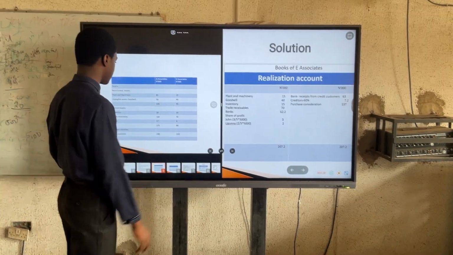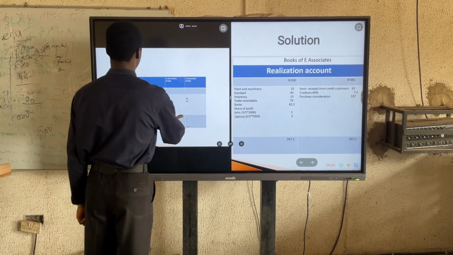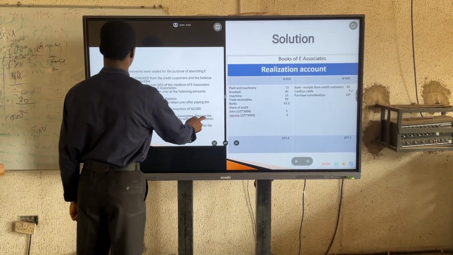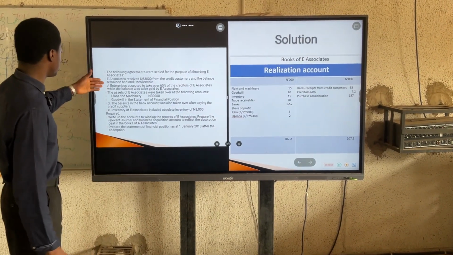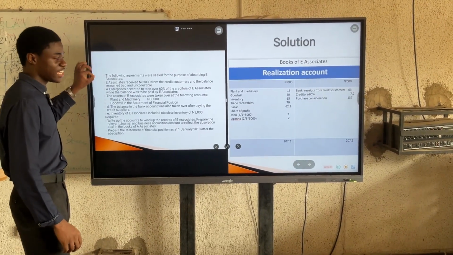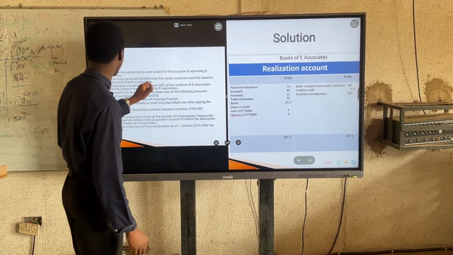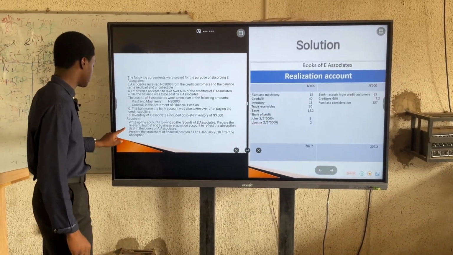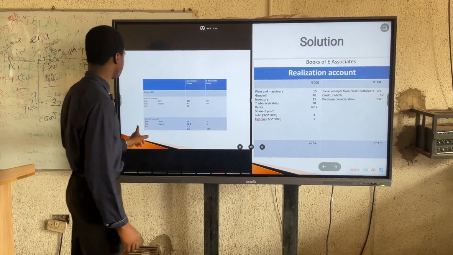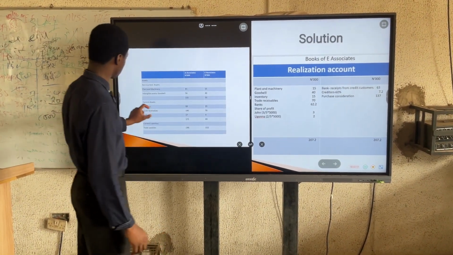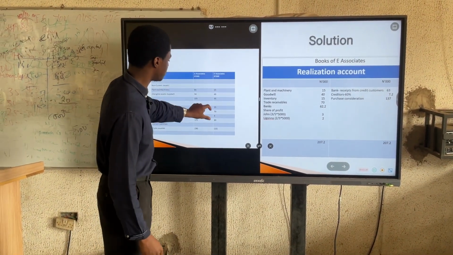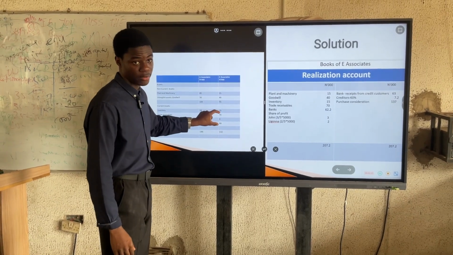Now, if you look at the adjustment, the first adjustment says that E Associate, meaning the absorbed partner, received 63,000 from the credit customers and the balance remained bad and uncollectible. So let's go back to our previous financial statement, which says that the trade receivables of E Associate was 70,000, right?